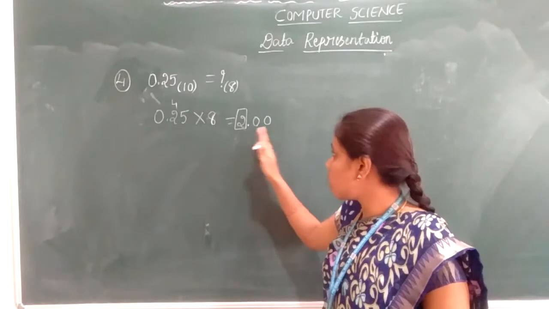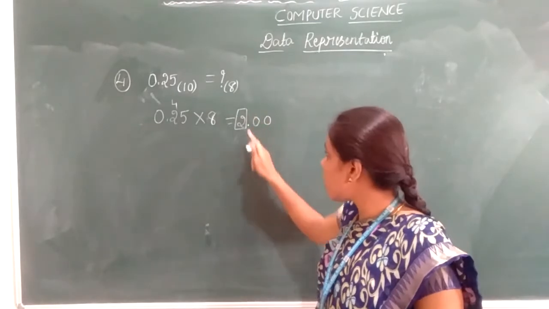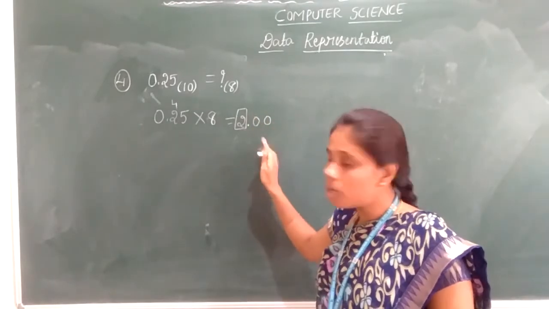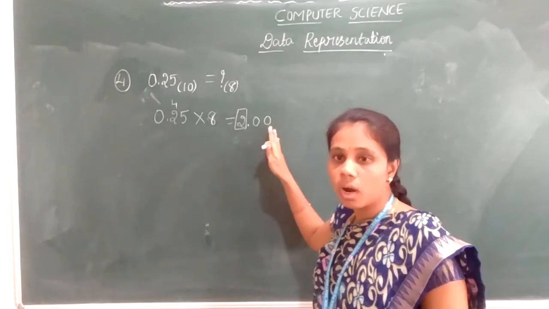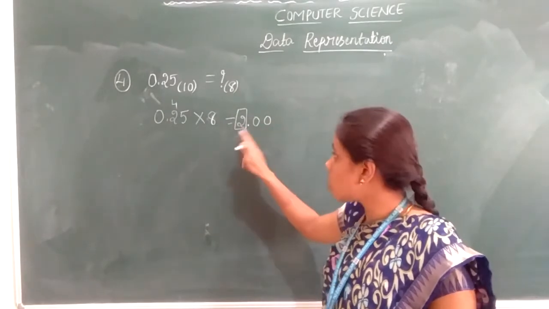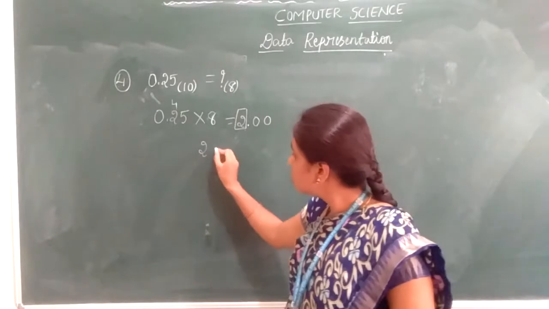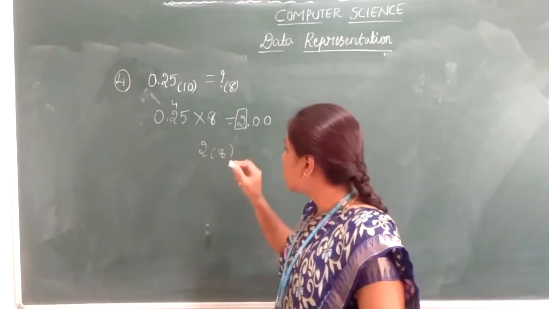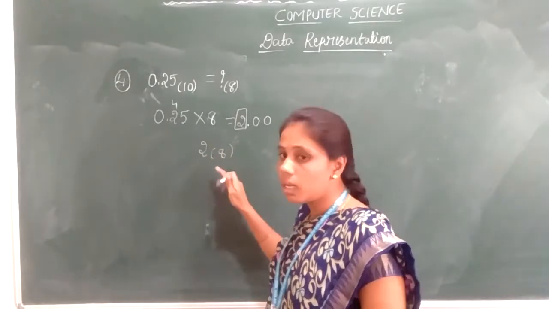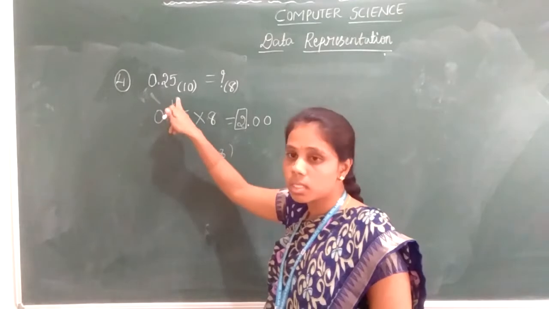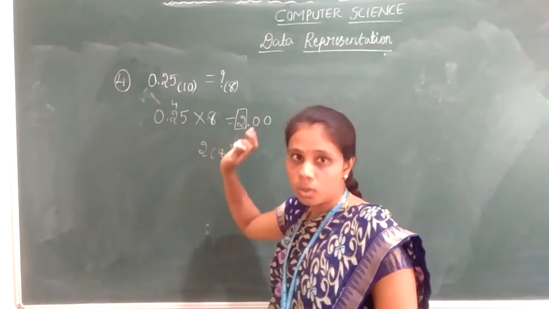Now this cannot be multiplied further because the fractional part is 0. In one step itself we got the fractional part as 0. Stop this process and write down the value as 2. This is base 8. Now 2 is the octal equivalent value for the given fractional value, that is 0.25.